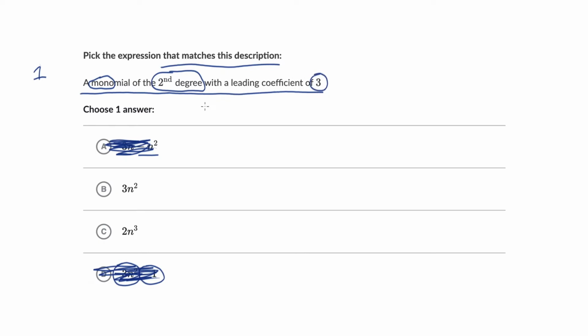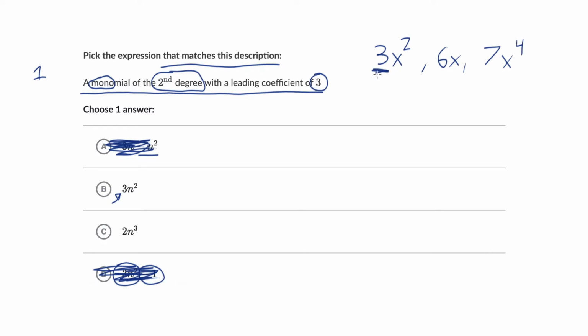Meaning the coefficient is the first number that's multiplied by the variable. Let me give you some examples of coefficients. Let's say you have 3x squared. I'm just going to give you a few numbers. Let's say you have 6x and you have 7x to the fourth.